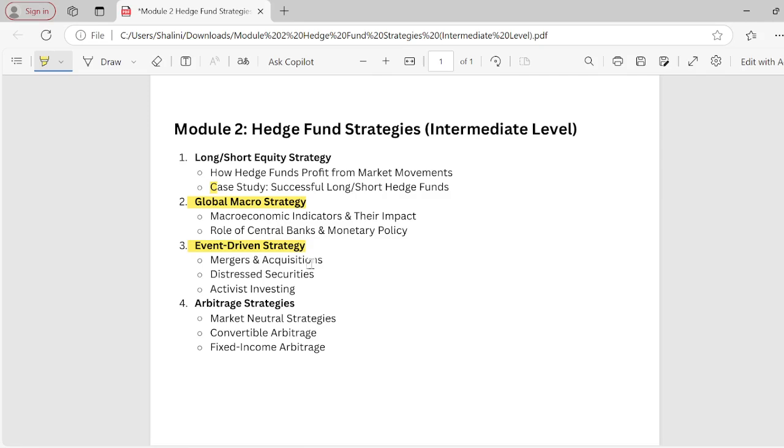Now, what is activist investing? Hedge funds buy a significant stake in a company to influence management decisions. They push for higher dividends, leadership changes, or cost cutting to improve stock prices.